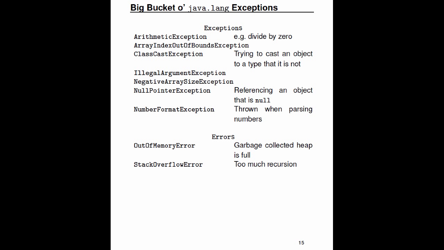IllegalArgumentException, NullPointerException, NumberFormatException. These are all exceptions, right? And like I said, there are a couple of error types too, like OutOfMemoryError and StackOverflowError. So here again, exceptions are things that aren't phenomenally unexpected and something you might want to try to recover from, whereas errors are truly unexpected, very severe, and really aren't recoverable.